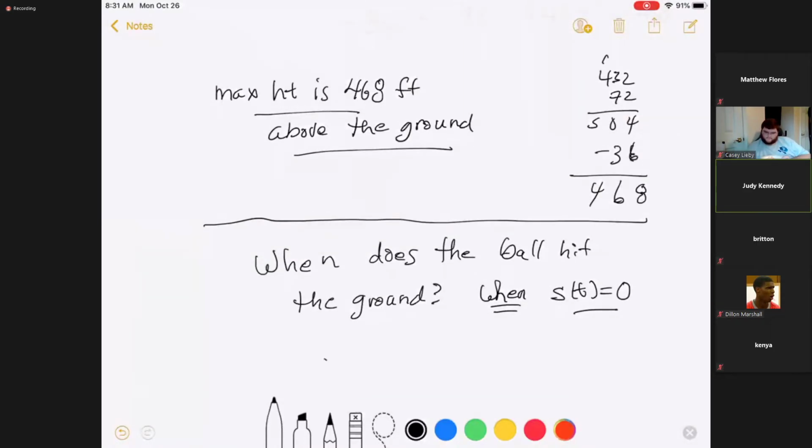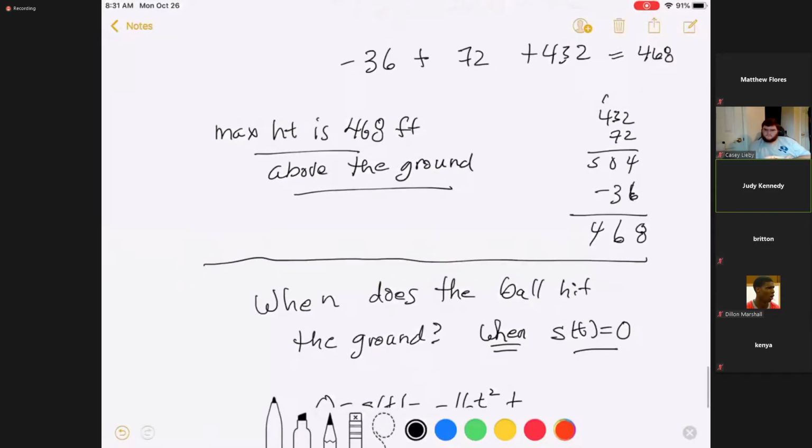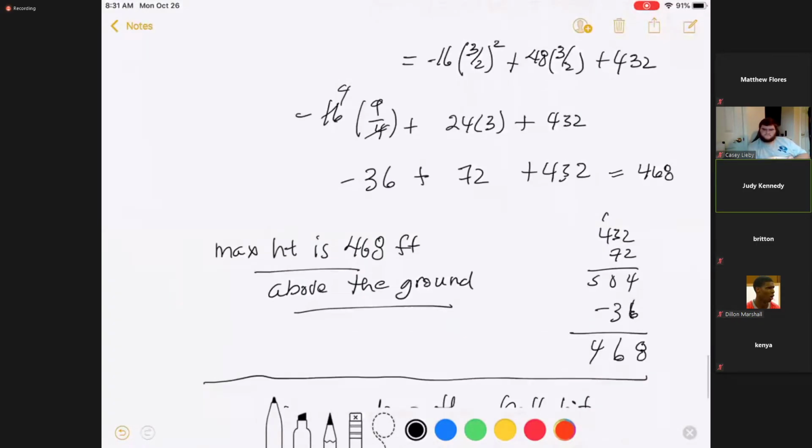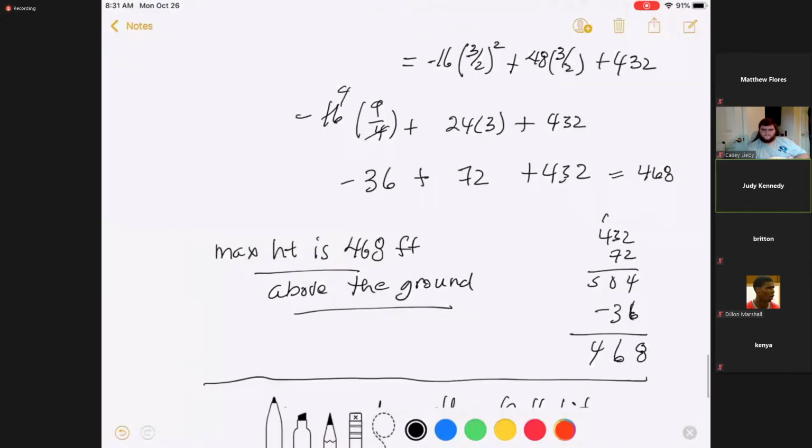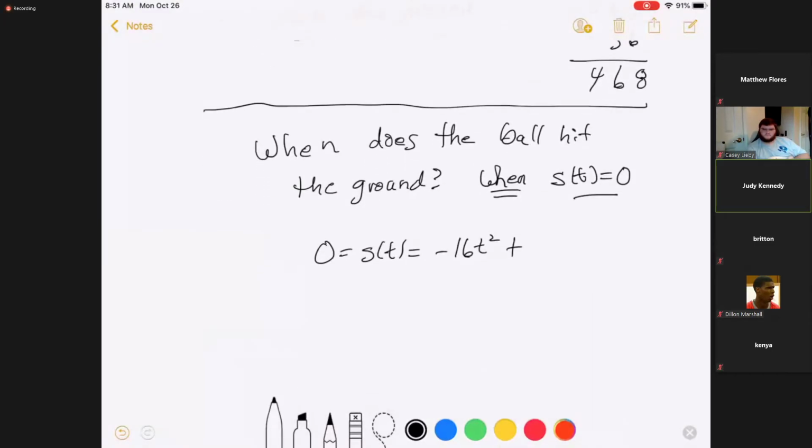So that says that 0 is S of t, which is minus 16t squared plus 48t plus 432. And that's equal to, okay, well, let's see.